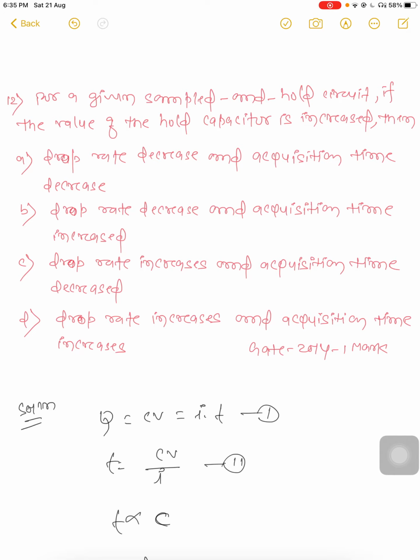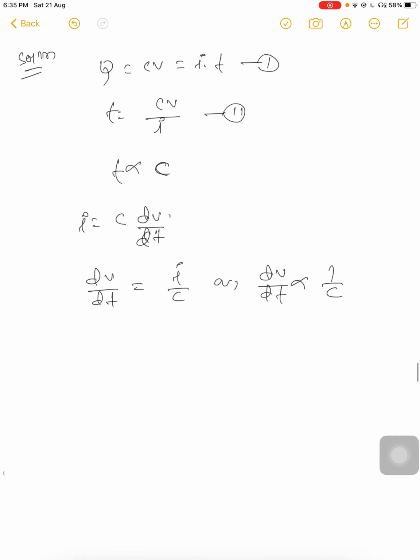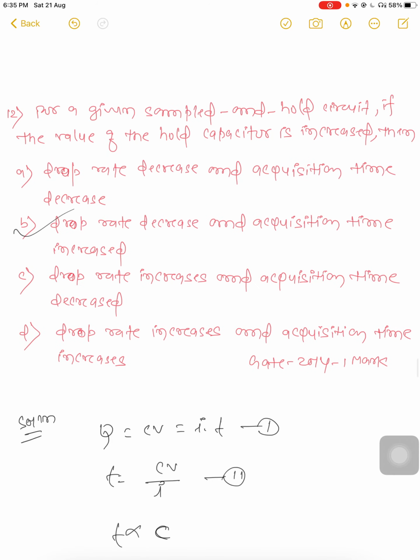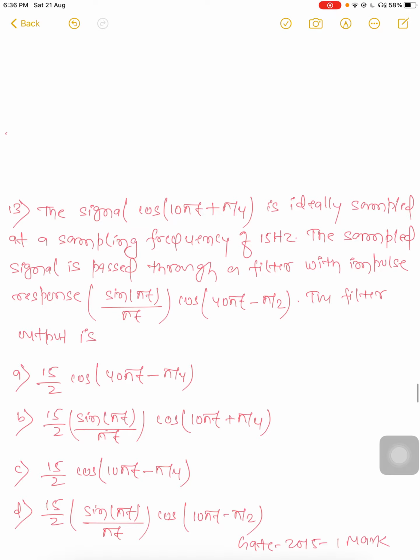So option B will be the right answer. Only B is suitable.